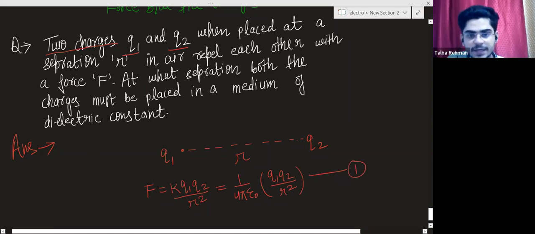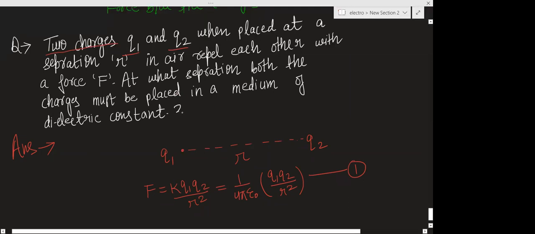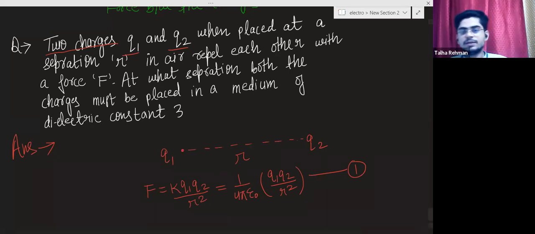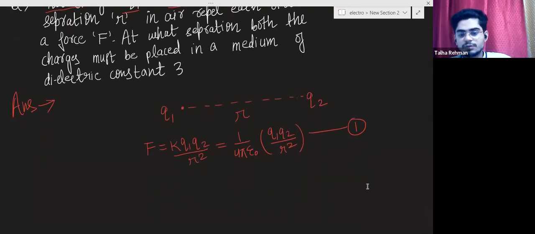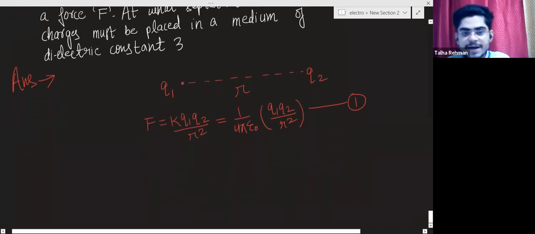In air, the charges repel each other with a force F. At what separation must both the charges be placed in a medium of dielectric constant 3? This is the dielectric constant 3. Now the question asks at what separation.